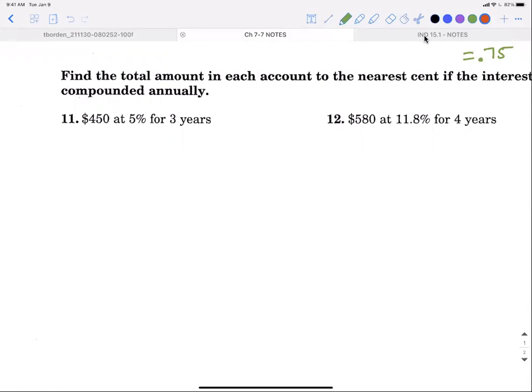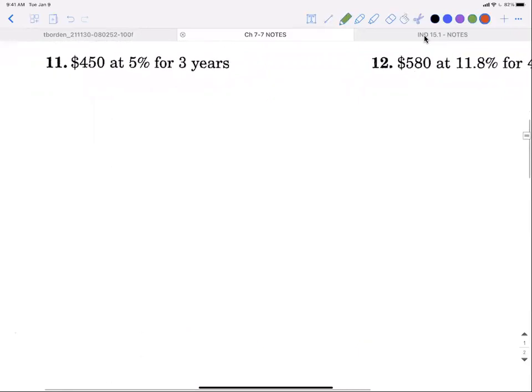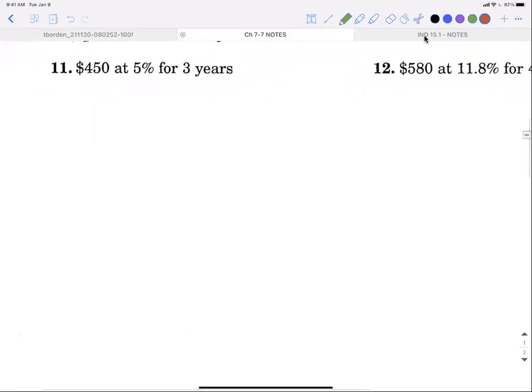Okay. All right. So let's work through a compound interest. We're going to start out, and I'm going to label this just to keep it straight, with year one.